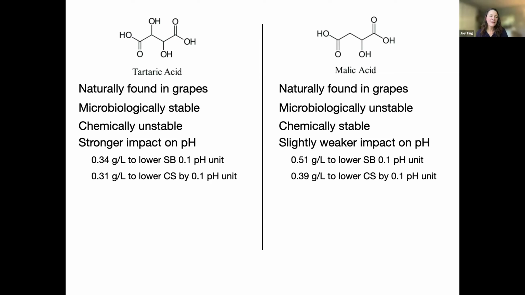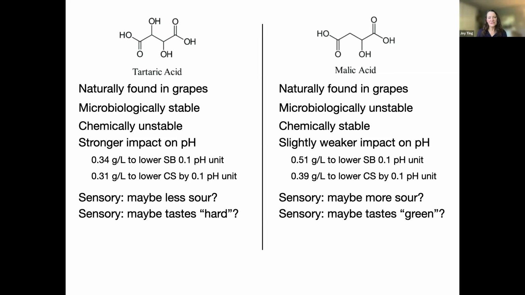Another reason people sometimes think about adding one versus the other has to do with the sensory characteristics of these particular acids. They are molecules themselves, so they may have their own sensory inputs. The literature on this is very inconsistent, inconclusive.